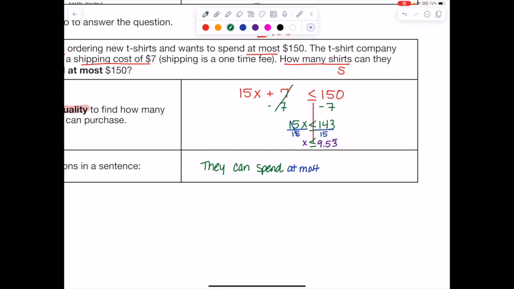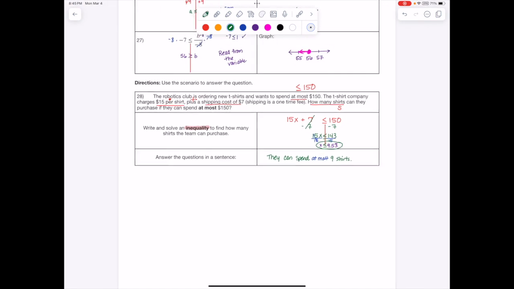I can't actually buy 9.5 shirts. So look at what my x equals. My shirts have to be less than or equal to that. So I'm going to choose the lesser amount and say at most 9 shirts, because I can't do more than 9. That won't work. I'll spend more money. So there you go.